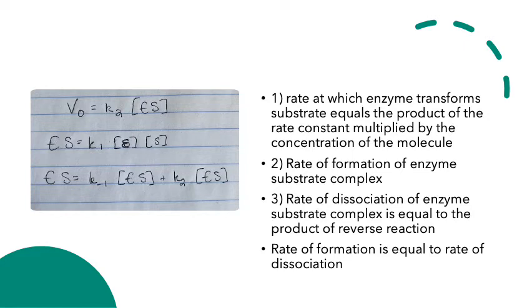The second equation is the rate of formation of the enzyme substrate complex. And lastly, the third one is the rate of dissociation of the enzyme substrate complex, which is equal to the product of the reverse reaction. Essentially, by using these, the rate of formation is going to be equal to the rate of dissociation.